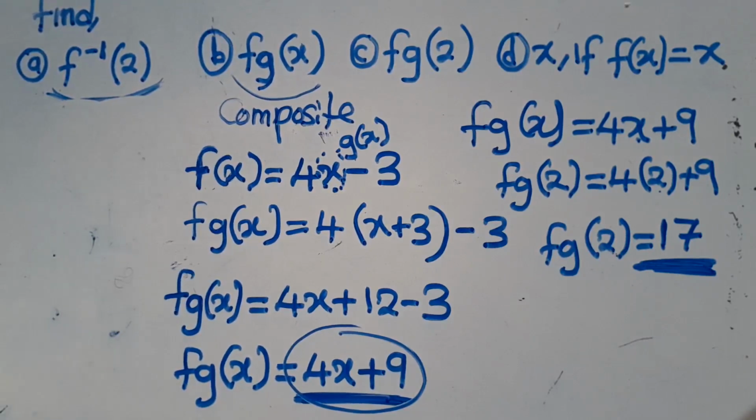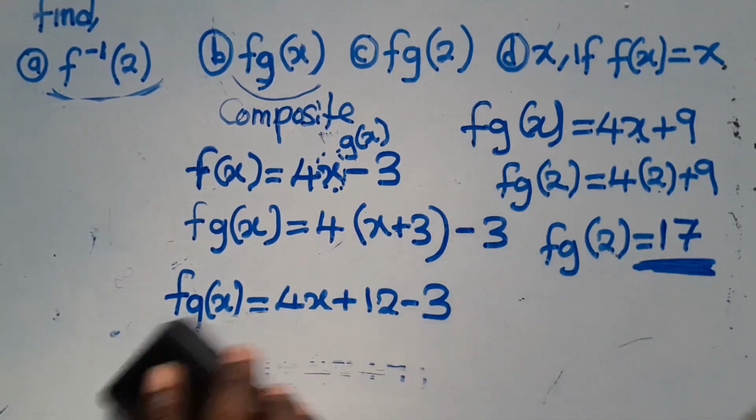So this is the part that you need to understand. The first answer here is 4x plus 9. That other one, we've said that we get 17 as our answer. We now move to the next part, which is the last part there.